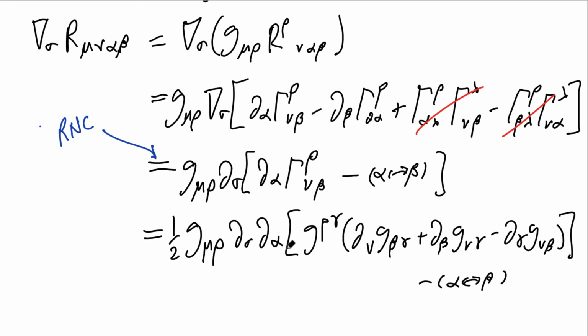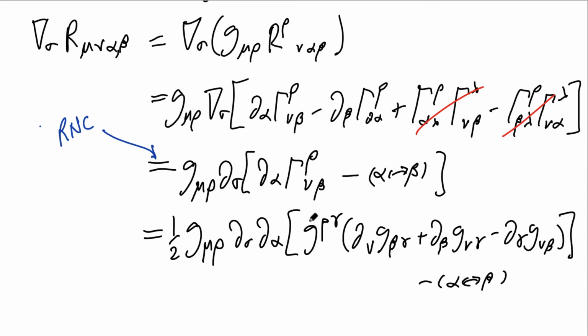So notice we have two derivatives here acting on everything in square brackets. Some of the terms that we get will involve both of these derivatives acting on the inverse metric, but those terms will also be proportional to first derivatives of the metric, which vanish in Riemann normal coordinates. So we can drop those terms. Now some of the terms involve one of these derivatives acting on the inverse metric, the other derivative acting on these terms in parentheses here, and so those terms will involve second derivatives of the metric.